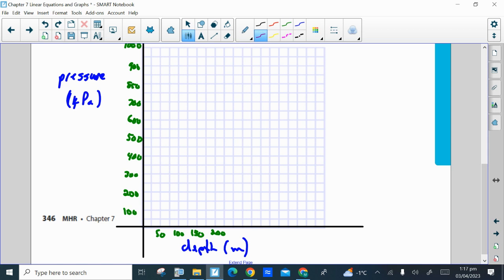The first point being 0, 0, 25, 350. The next point is 50, 600. The next point being 75, 850.